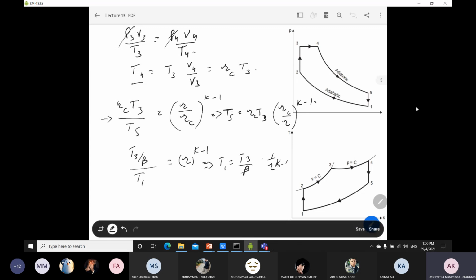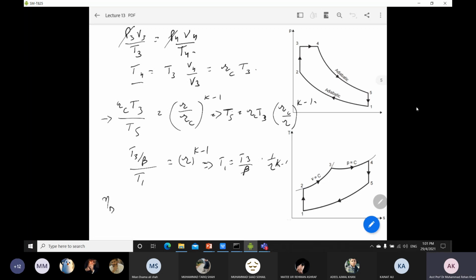Okay, so now all the values are in terms of T3, in terms of compression ratio, in terms of pressure ratio, or in terms of cutoff ratio. So T3 can easily be eliminated if I put all these values into equation number 1. So now you have to refer back to your equation number 1, which is the efficiency of the dual cycle equation: 1 minus T5 minus T1 over T3 minus T2 plus K times T4 minus T3.